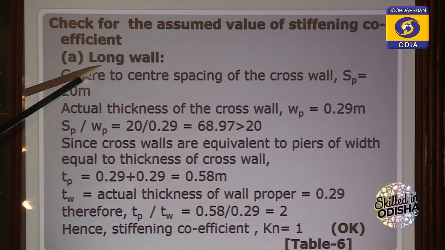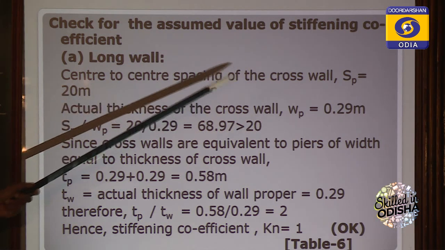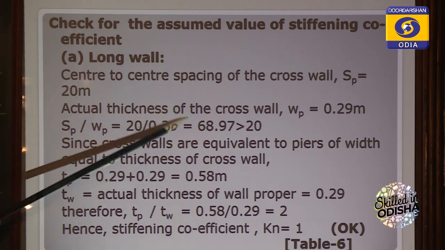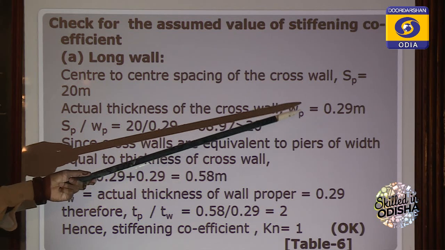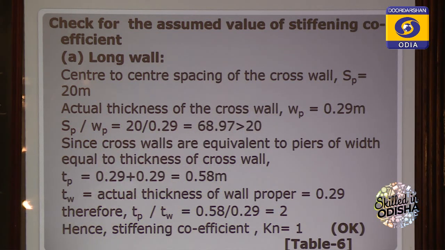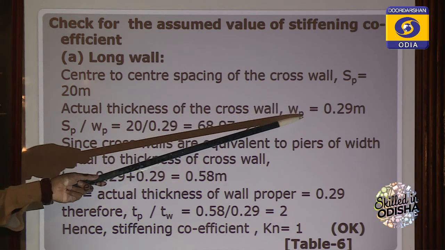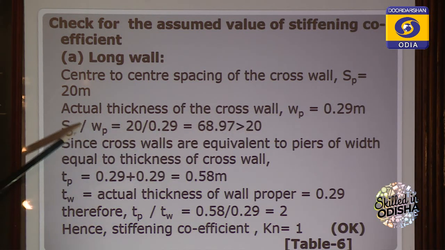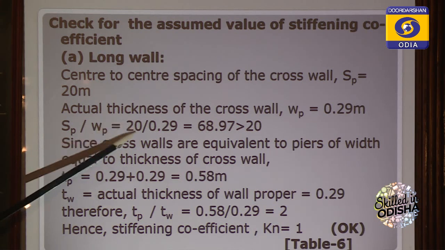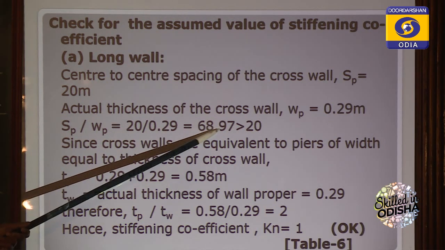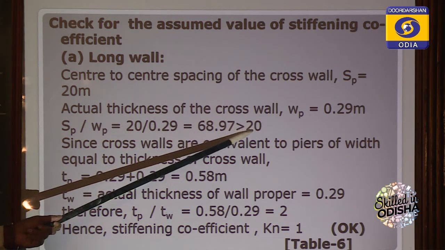In the long wall, the center to center spacing SP is 20 meter, and the actual thickness of the wall is 0.29 meter, deducting 1 centimeter. The ratio of SP by WP is coming 68.97, which is greater than 20.